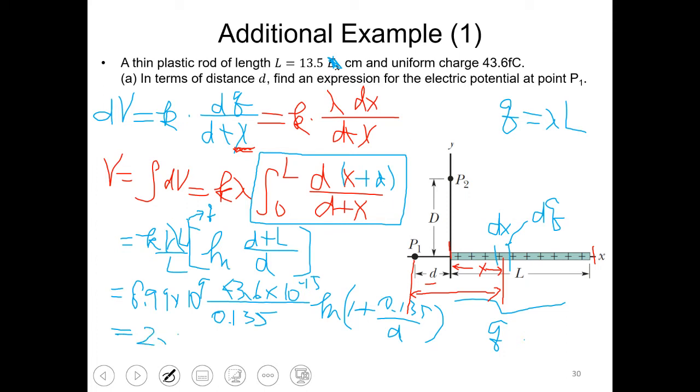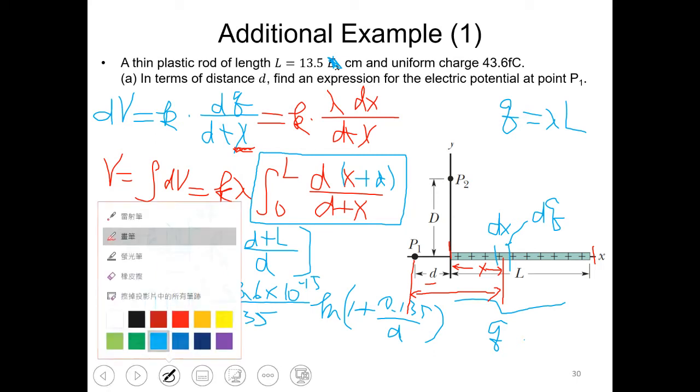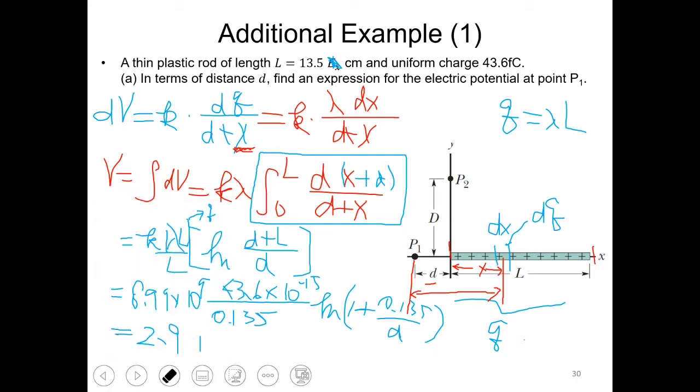So it becomes 2.9 times 10 to the minus 3 volts times ln of 1 plus 0.135 over D, where D is in meters. So the expression is somehow like this.